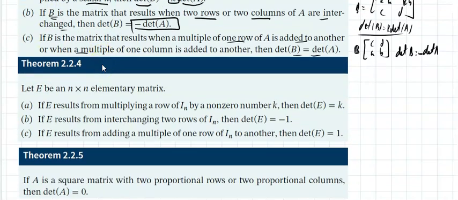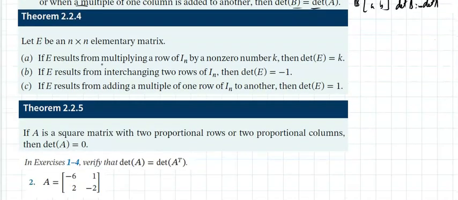Now, they go ahead and include the elementary matrices. Remember, an elementary matrix is when you have one operation only on the identity. So 1, 0, 0, 1, you apply just one modification.